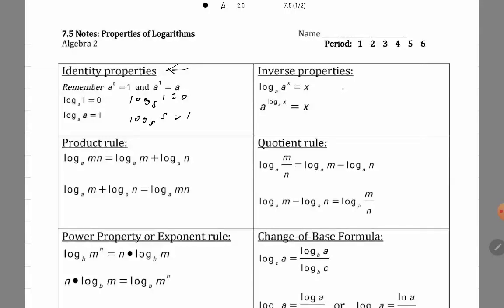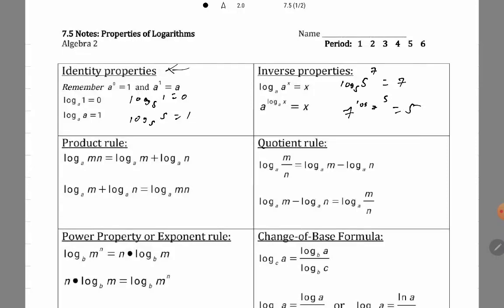This one, if we take log base 5 of 5 to the 7th, those cancel, and I'm left with 7. And same thing, 7 to the log base 7 of 5, because those are the same base, those go away, and you're just left with 5.